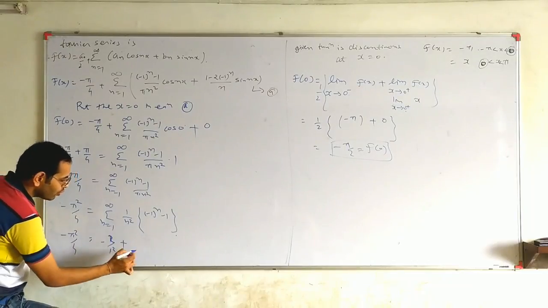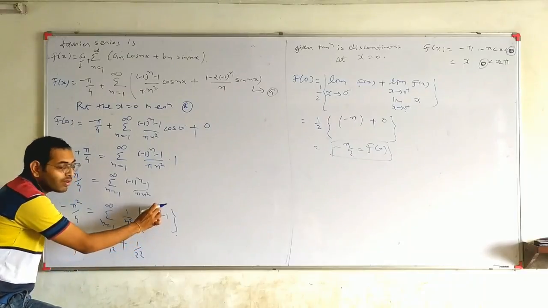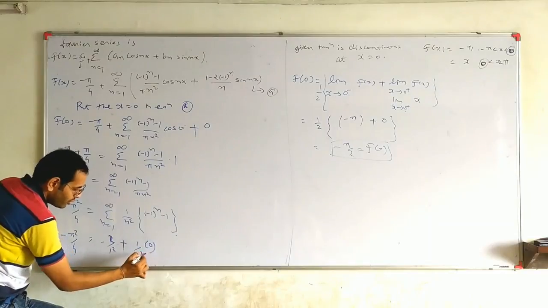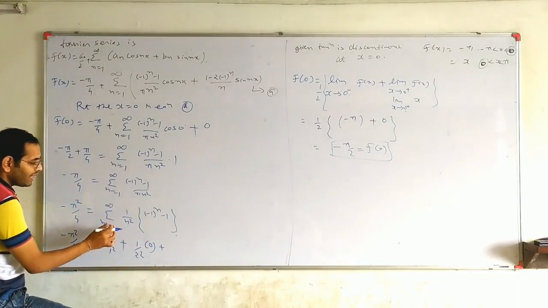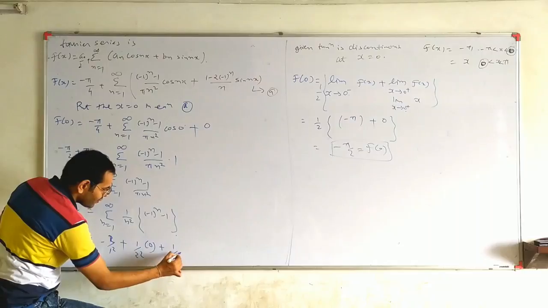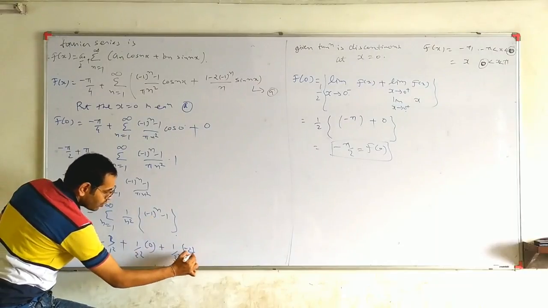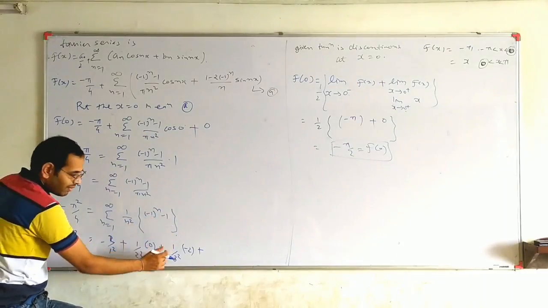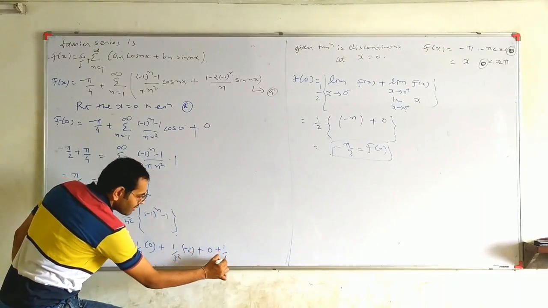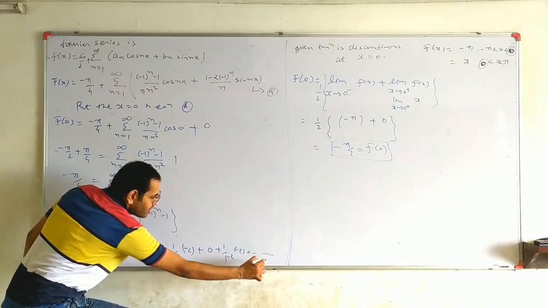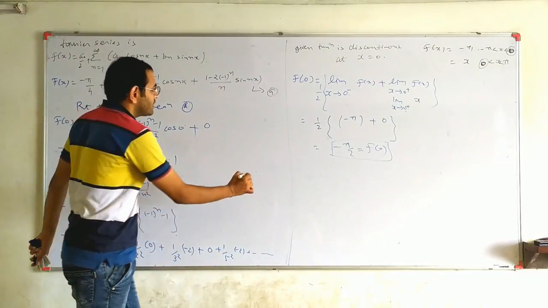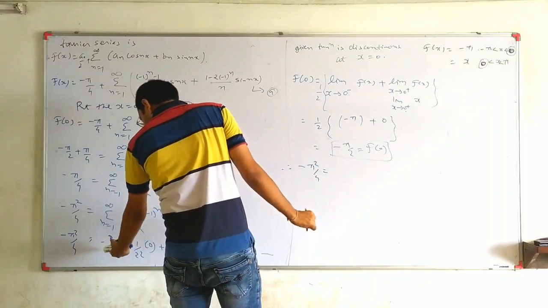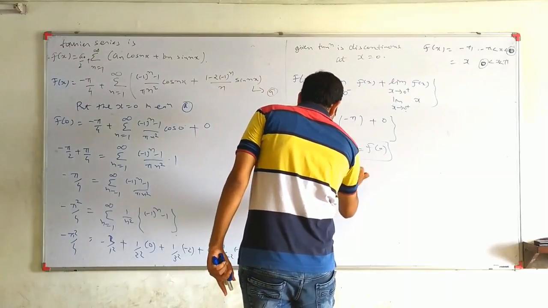Plus n equal to 2, 1 upon 2 square into minus 1 whole square, that is 1 minus 1, that is 0, and 0 into everything is 0. Similarly n equal to 3, 1 upon 3 square into minus 2, plus 0, plus 1 upon 5 square into minus 2, and so on.